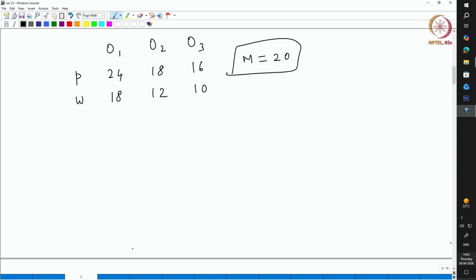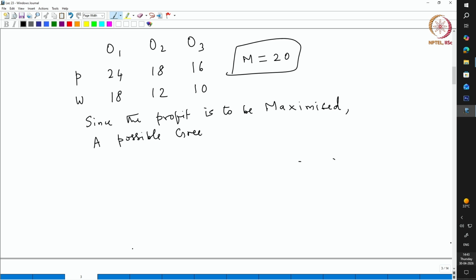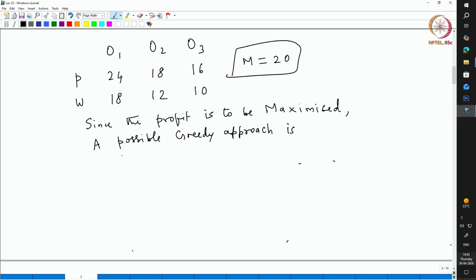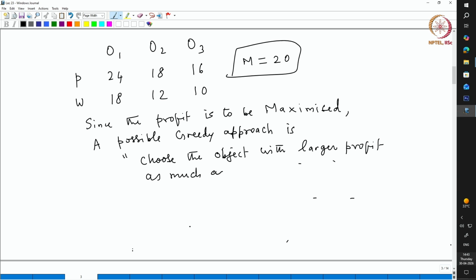Since the profit is to be maximized, a possible greedy approach is to choose the object with larger profit as much as possible.